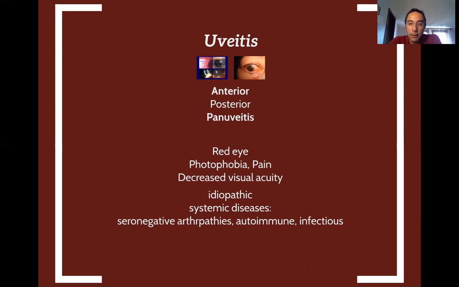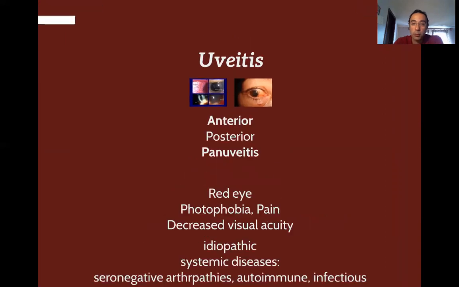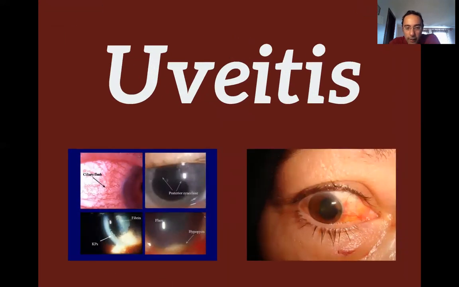Other than that, the posterior uveitis does not usually cause red eye. In this case, the visual acuity is usually diminished, and there is pain, there is no discharge, and there are some additional pathologies which we're going to see right now.